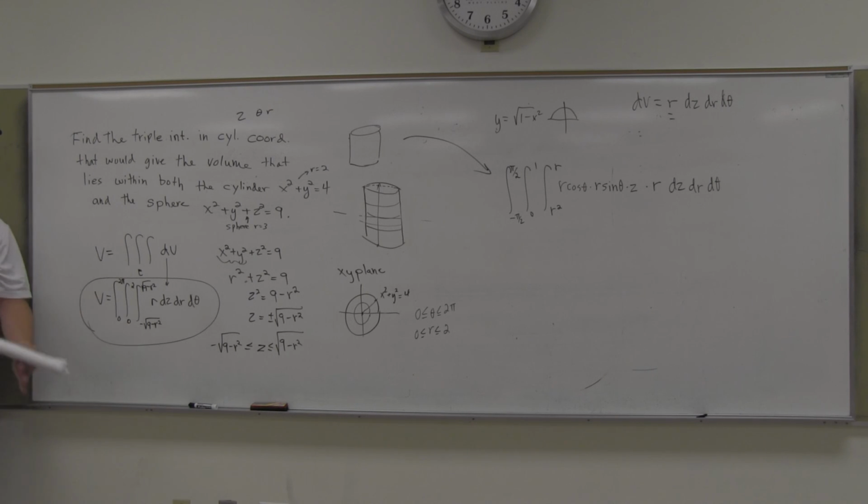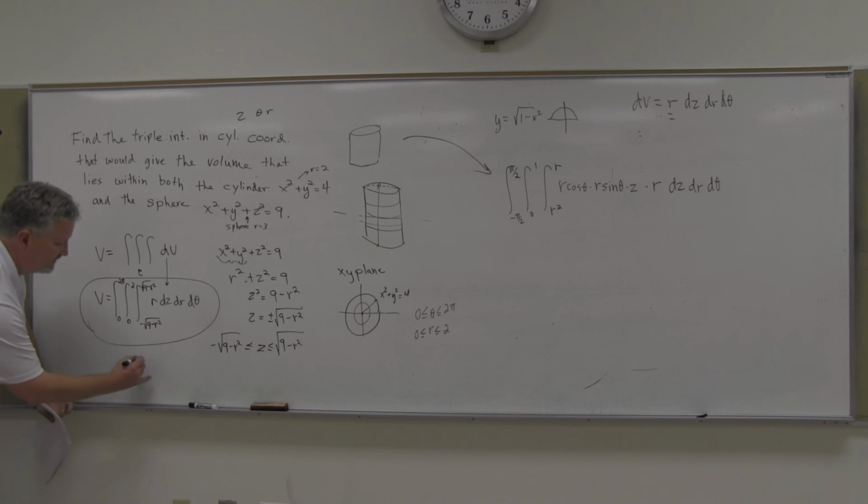If you guys have to go ahead and evaluate this, notice this is going to work out pretty nicely. When I do the z's, it'd be r times z, which looks pretty bad, but notice it'll be this.